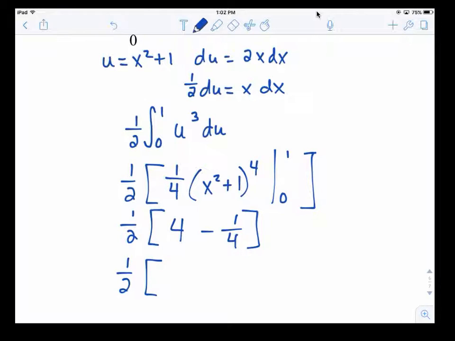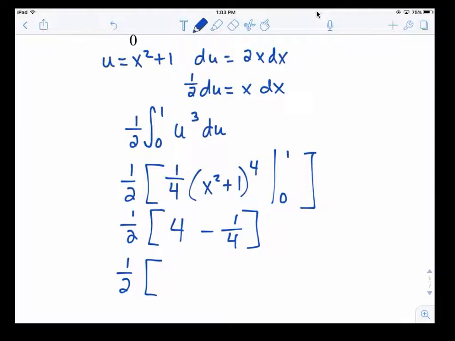If you want to multiply this to here, make it 1/8, you can do that too if you want. So this is 4 minus 1/4. What is that?